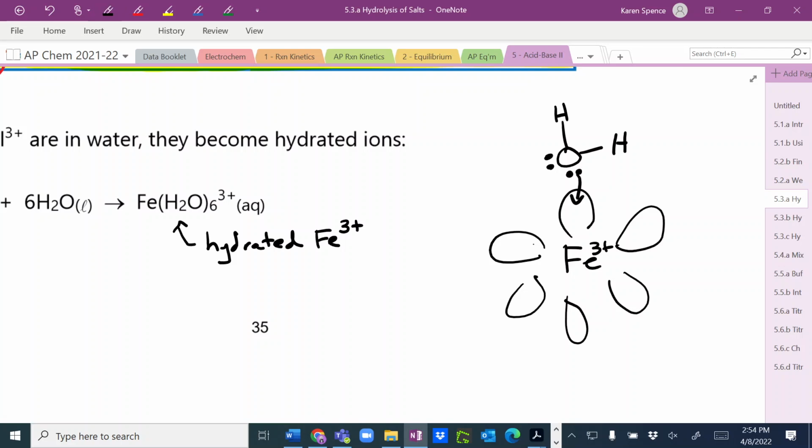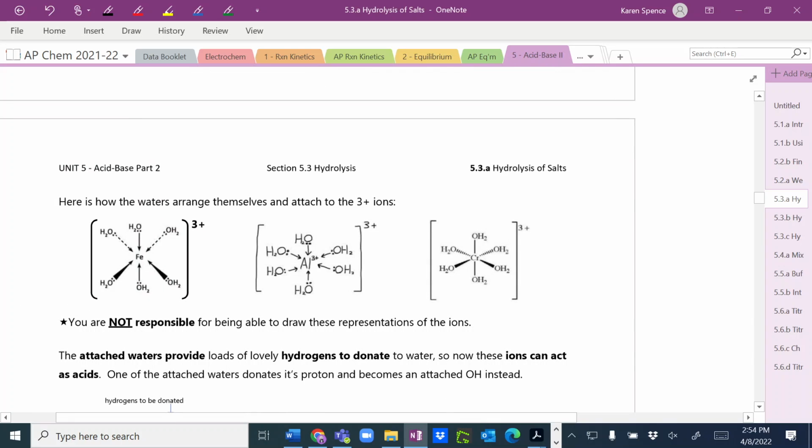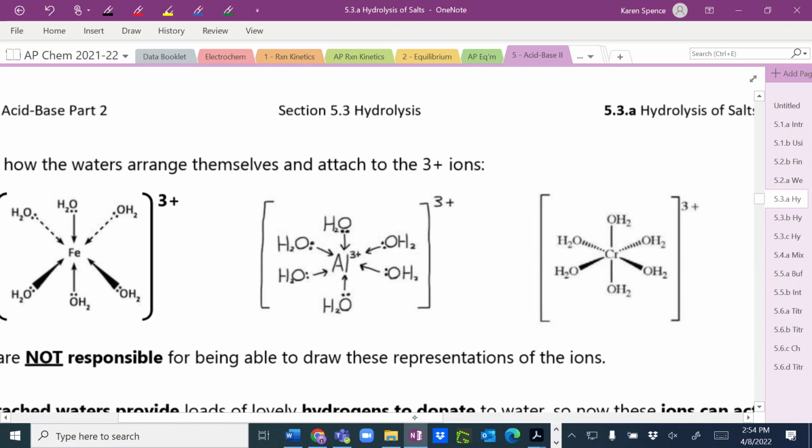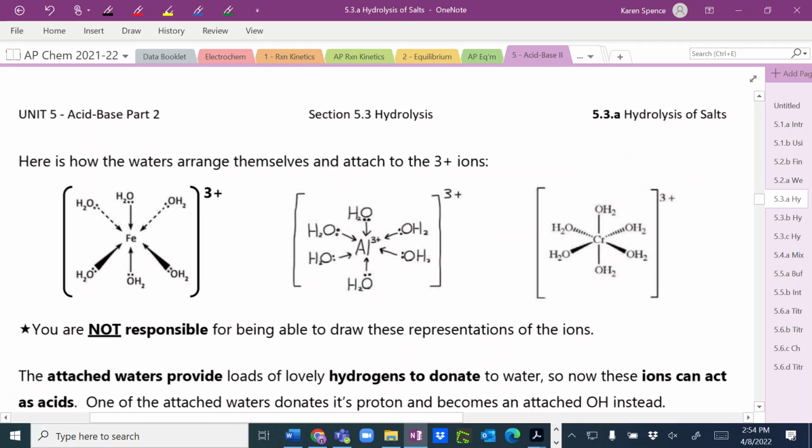Anyway, that's how it happens. You don't need to know much about it. Here's a lovely little picture, just showing you 3 different representations. Those lone pairs on the oxygen are pulled towards that 3 plus at the middle. I don't know why other ones don't. Or maybe they're just not on our chart. That's possible too.